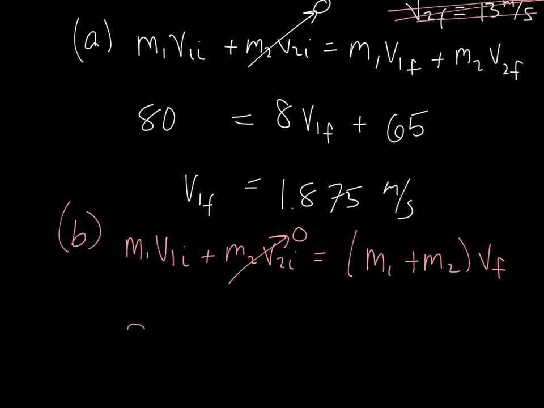We know everything else. This is still 80 from earlier, plus 0. I don't even have to put that, obviously. M1 plus M2 is going to give me what? 8 plus 5 times VF. So 80 over 13 is going to be your answer. Okay, 80 over 13, and that'll be in meters per second.